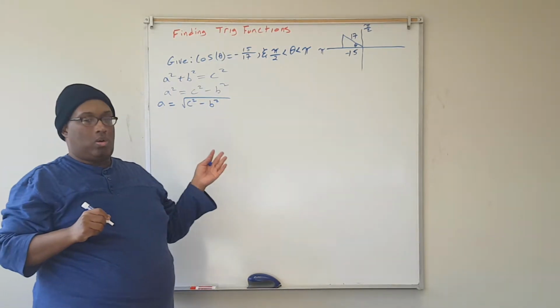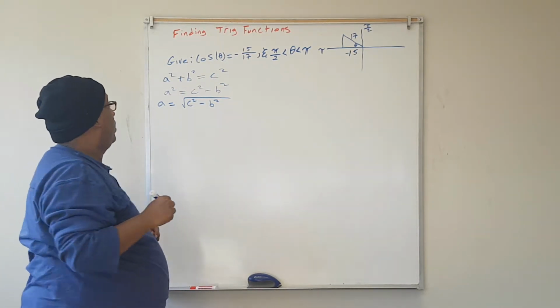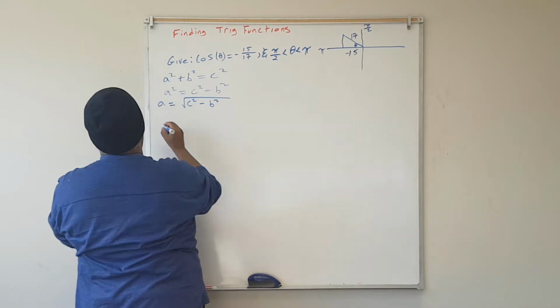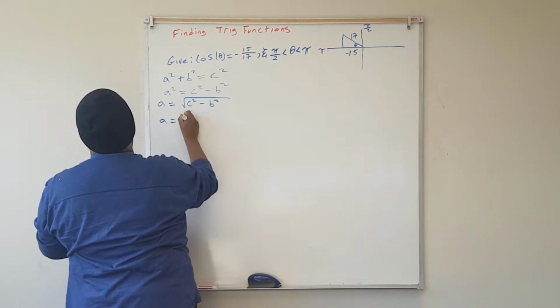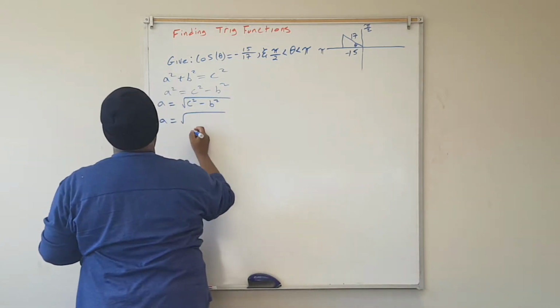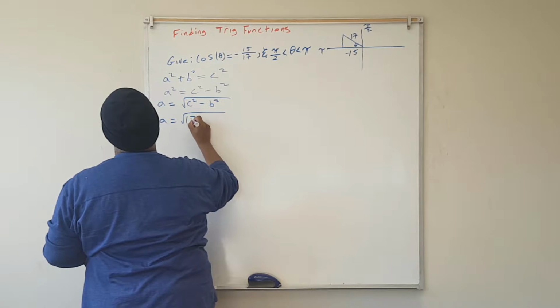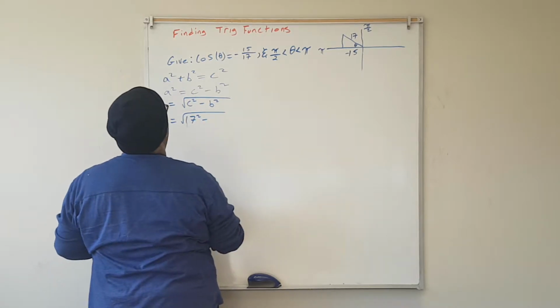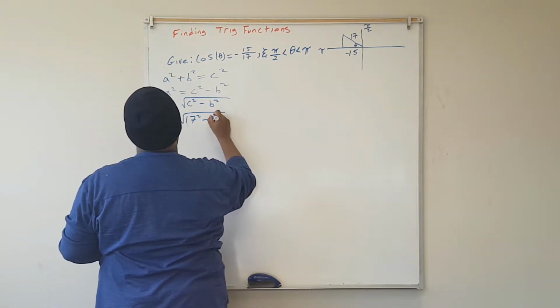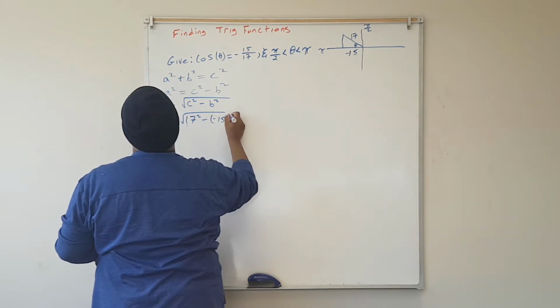So now all we have to do is plug in our numbers. We know a is what we're looking for, and c is given from our triangle. That's going to be 17 squared minus b, which is negative 15 squared.